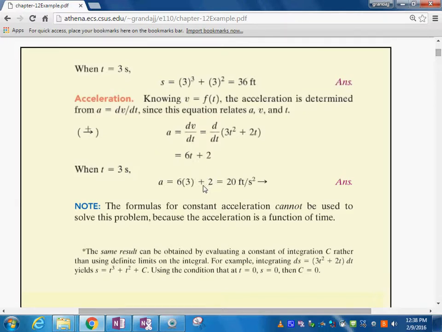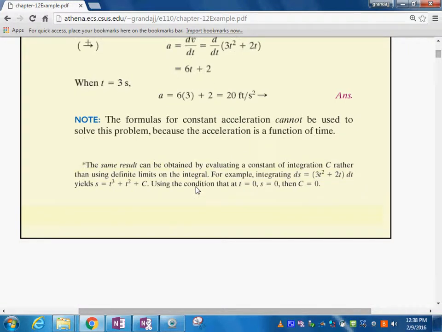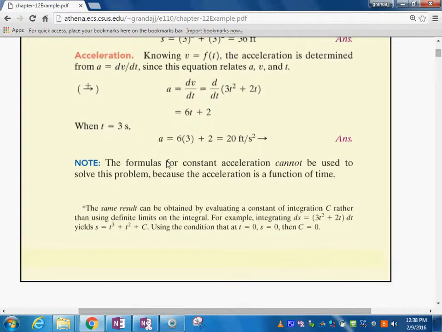This is an interesting observation in here, that the formulas for constant acceleration cannot be used on this because the acceleration is a function of time. So it all depends on the motion.